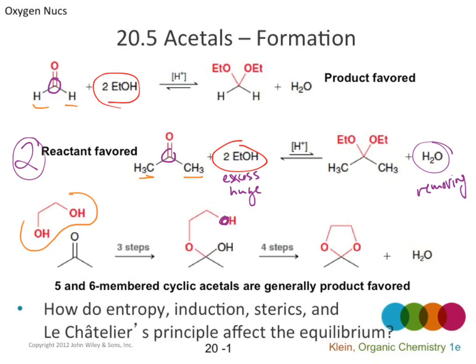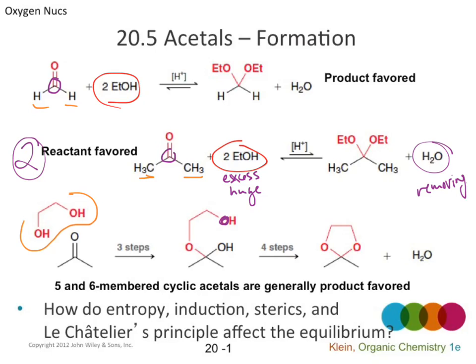If we have a diol, where is that extra oxygen? It's already attached to the structure. It is very, very close. We don't have to wait for diffusion for two alcohols to come in and react.